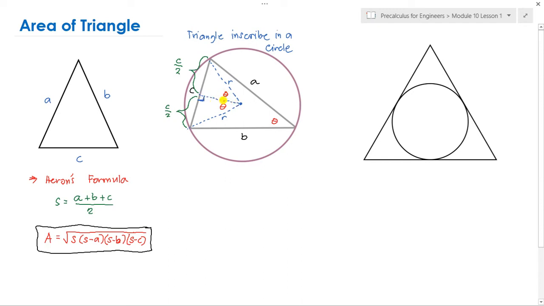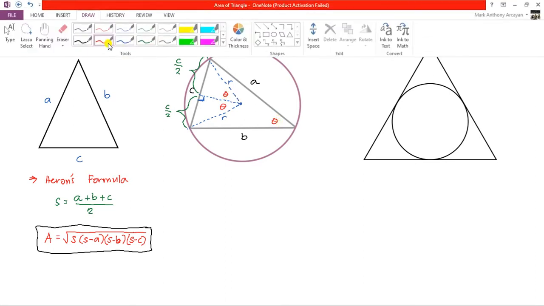That's why they are both theta. And why this theta is equal to this one, actually that is from geometry.